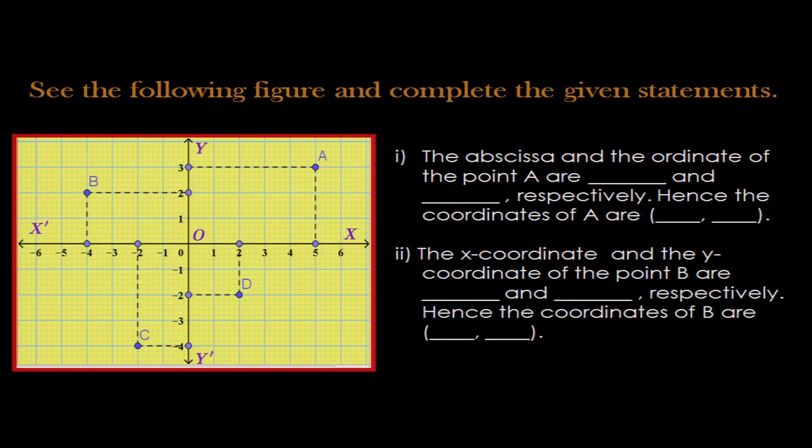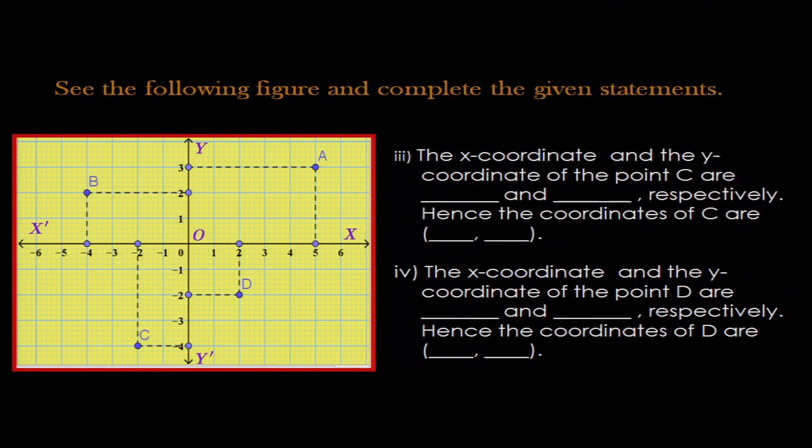In this diagram, 4 points are there: A, B, C and D. The 4 problems are related to these 4 points. You may take a photo or screenshot of this problem, and I think you will be able to do it very easily.